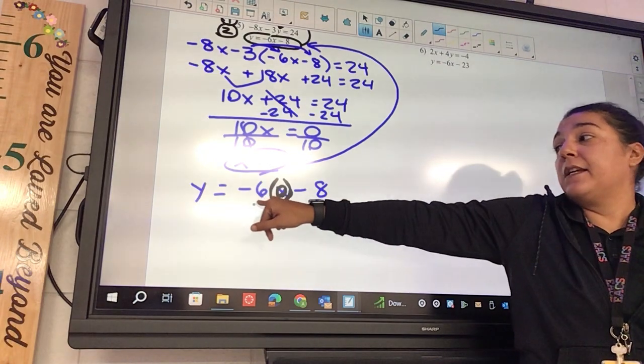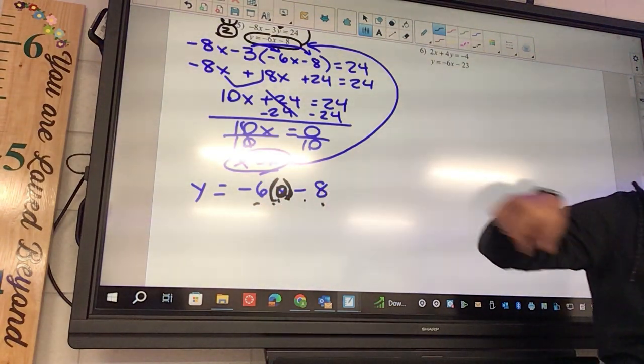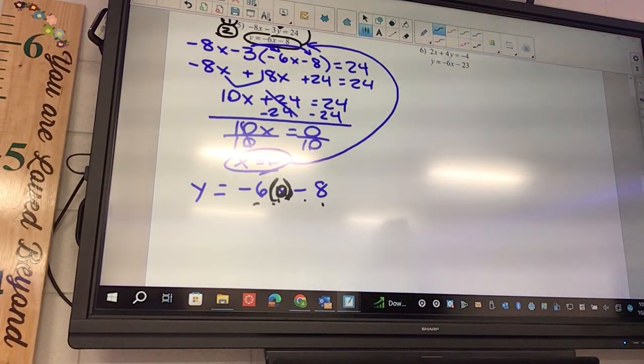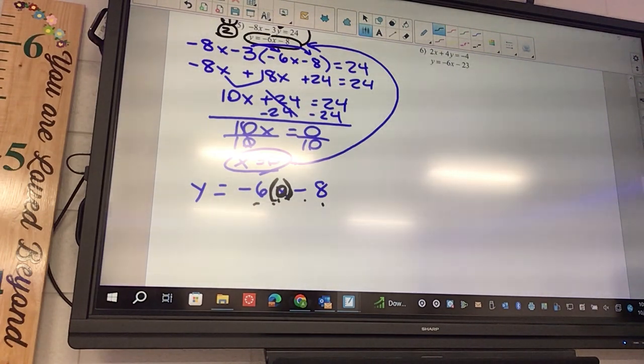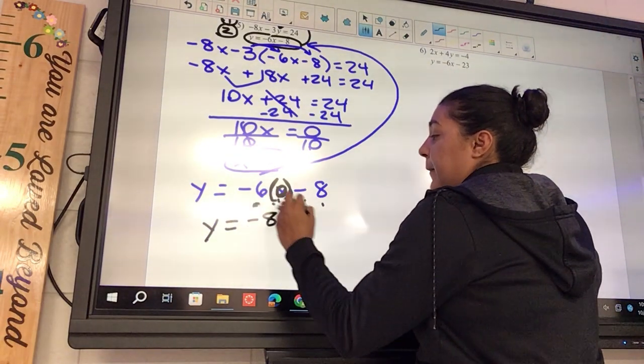You're going to type in negative 6, parentheses 0, close parenthesis, minus 8. And yes, you're going to get negative 8, so you're going to get y equals negative 8.